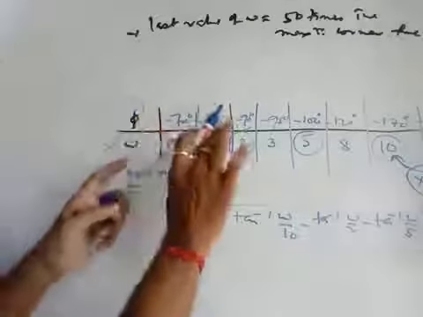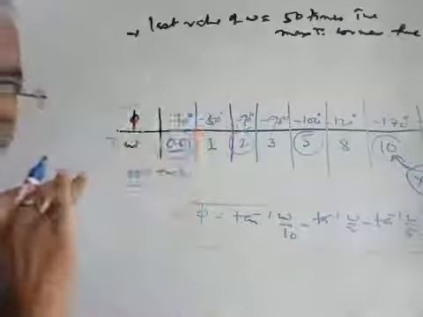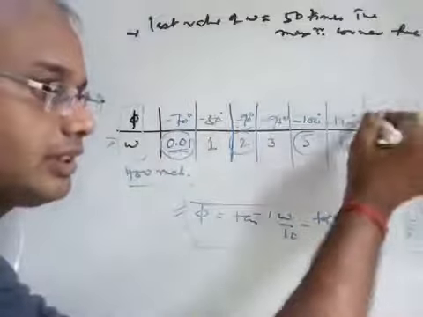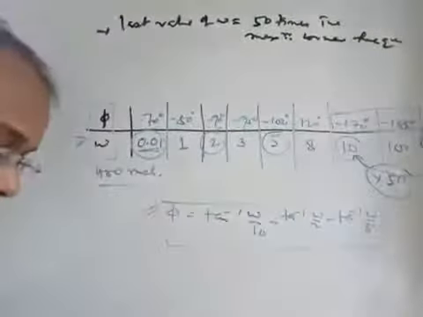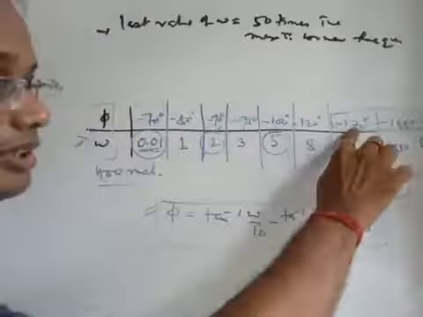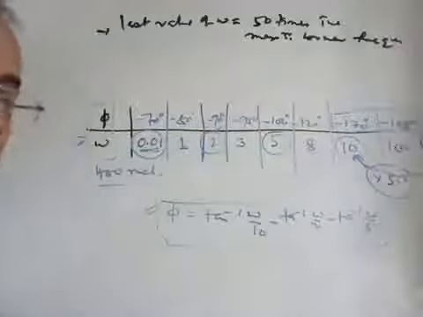Anyway, these may be positive, these may be negative. See here the range, just concentrate on the range. Arbitrarily I have written minus 170 degree, minus 185 degree, minus 200 degree.